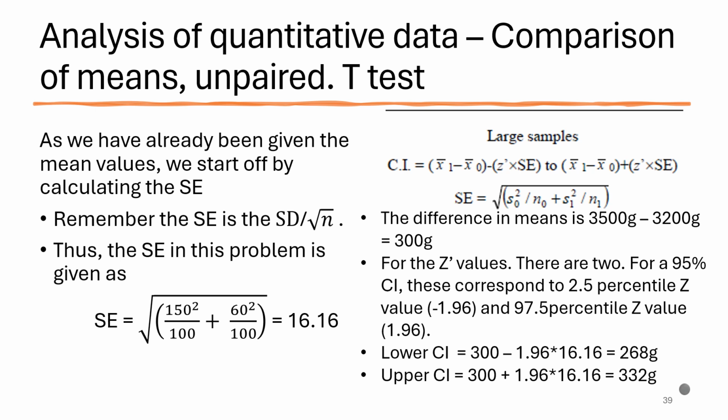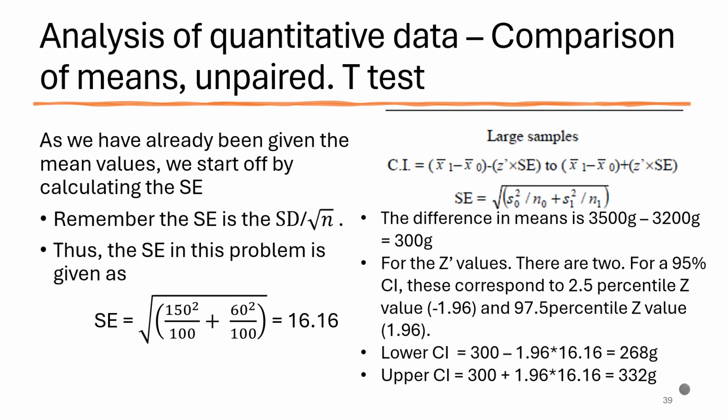For the z values, there are two. Remember, we have one at the 2.5 percentile and one at the 97.5 percentile. Since this is positive, we have the one at the 97.5 percentile, which is 1.96. So the lower confidence limit is 300 minus 1.96 times the standard error, which is 16.16.